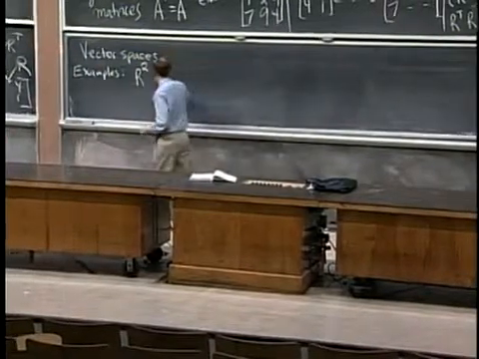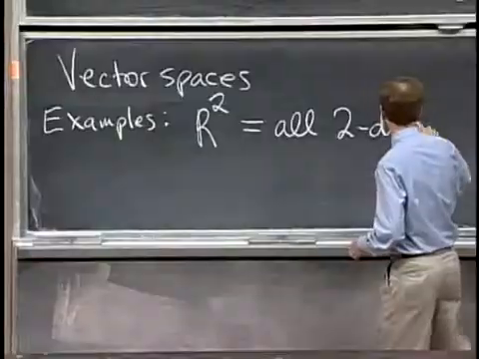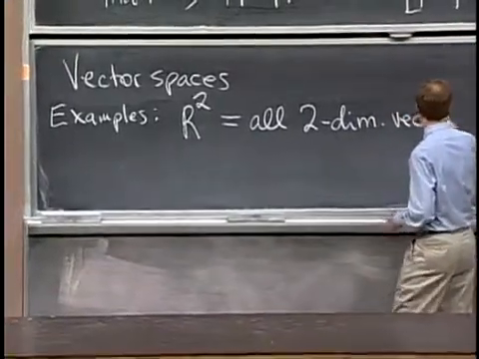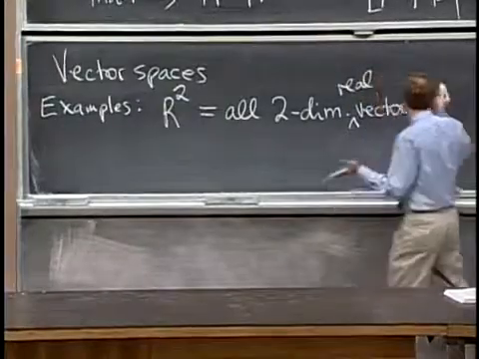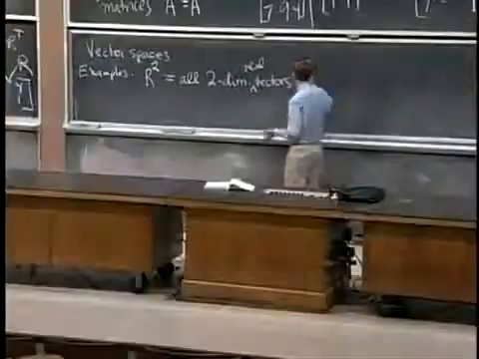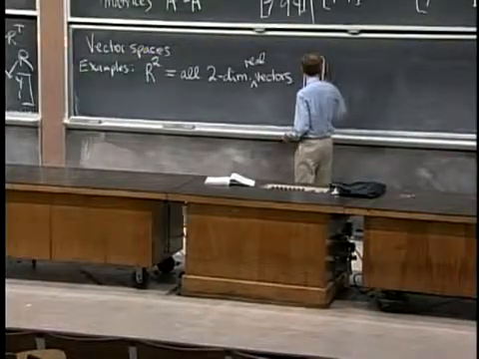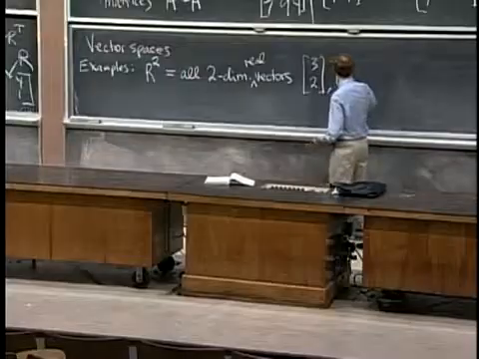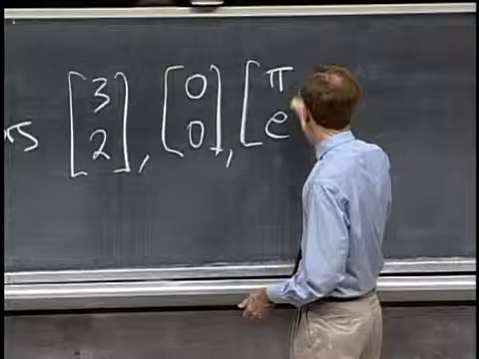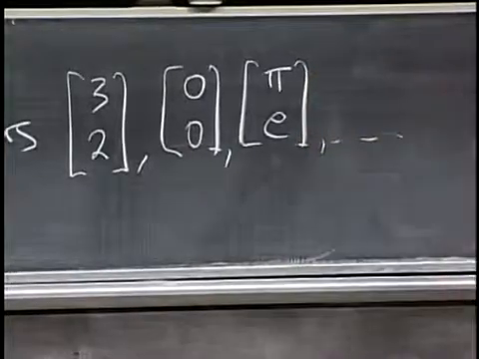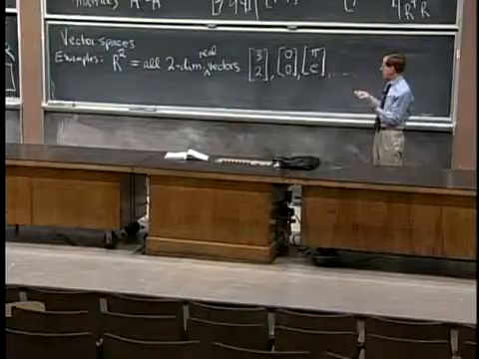So this is all two-dimensional, real vectors, such as, well, I'm not going to be able to list them all, but let me put a few down. (3, 2). (0, 0). (pi, e). So on. And it's natural.